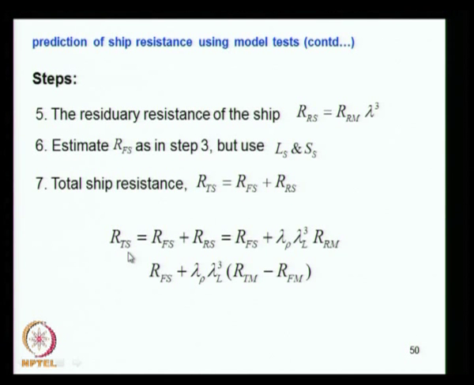To put it briefly, in a model test, as we have seen, it is not possible to satisfy the Froude number and Reynolds number at the same time, so it is not possible to meet the Reynolds number between ship and model.